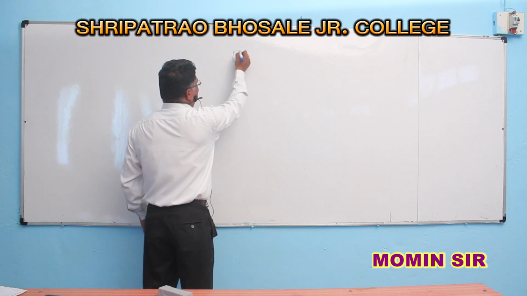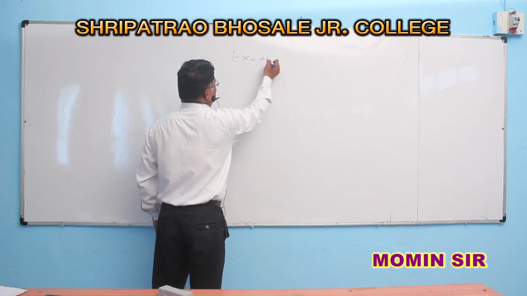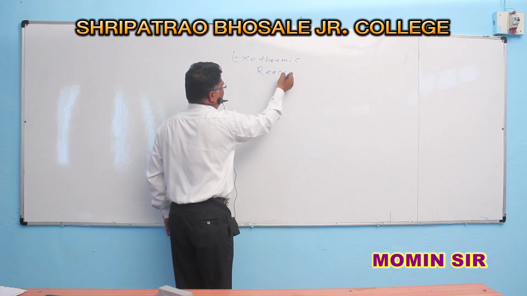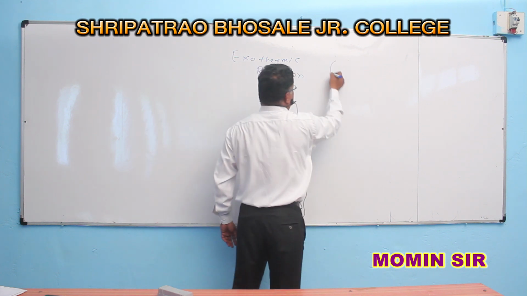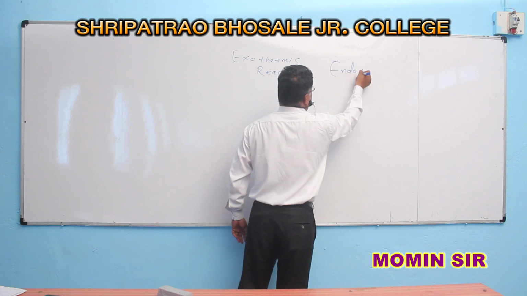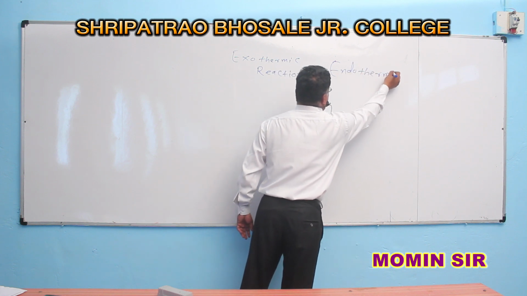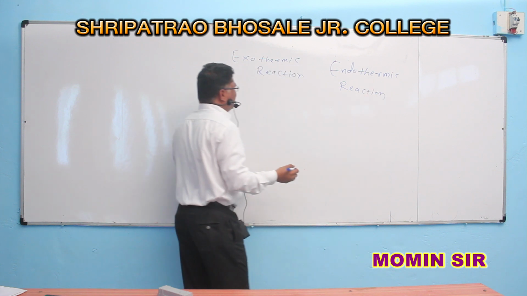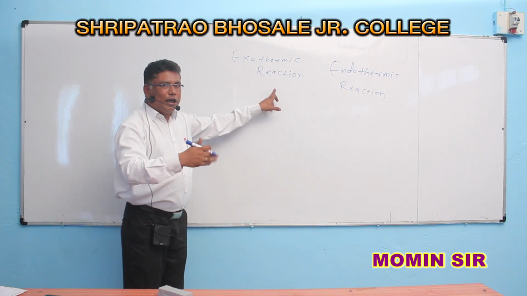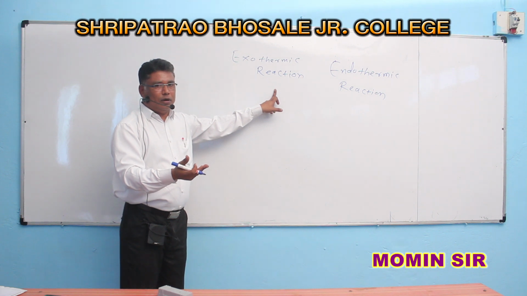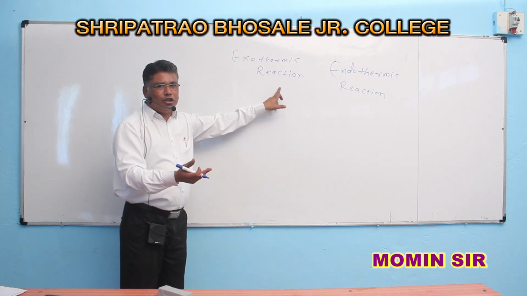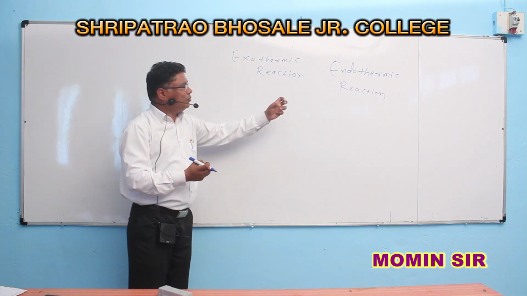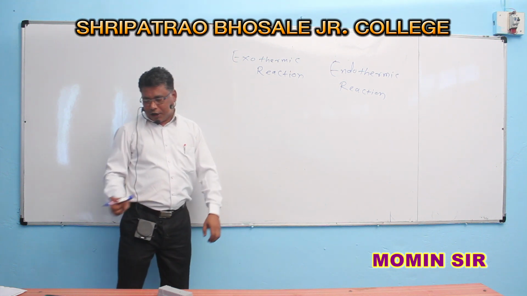So what is called an exothermic reaction and what is called an endothermic reaction? Very simple: the chemical reaction in which heat is evolved is called an exothermic reaction. The chemical reaction in which heat is absorbed is called an endothermic reaction.